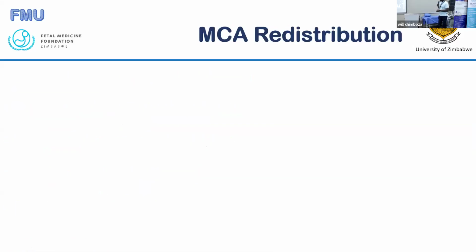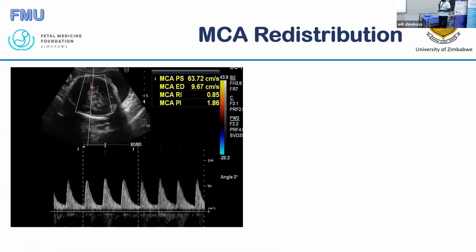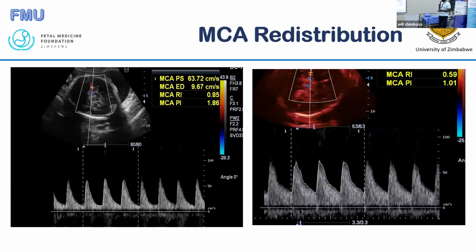All right, so I've got 2 images. I think earlier on, it was talked about asphyxia. The MCA is an important vessel to evaluate if the fetus is getting enough oxygen. When the fetus is happy with the oxygen situation, you'll be having these skyscrapers. So the MCA is more like the opposite of the umbilical. The umbilical, when it's normal, is a low resistance vessel.